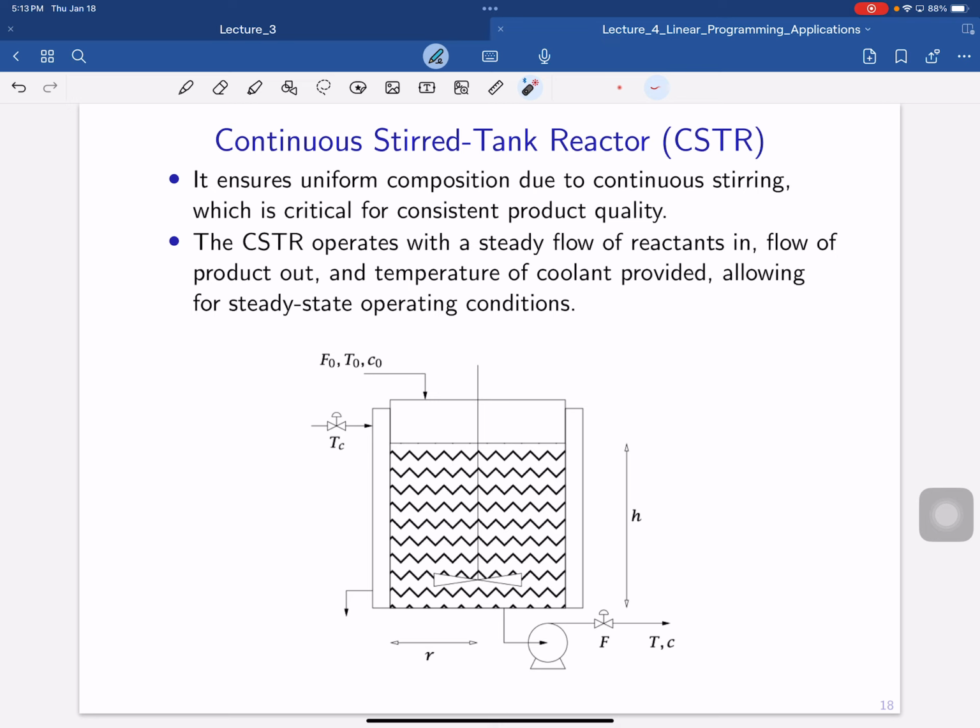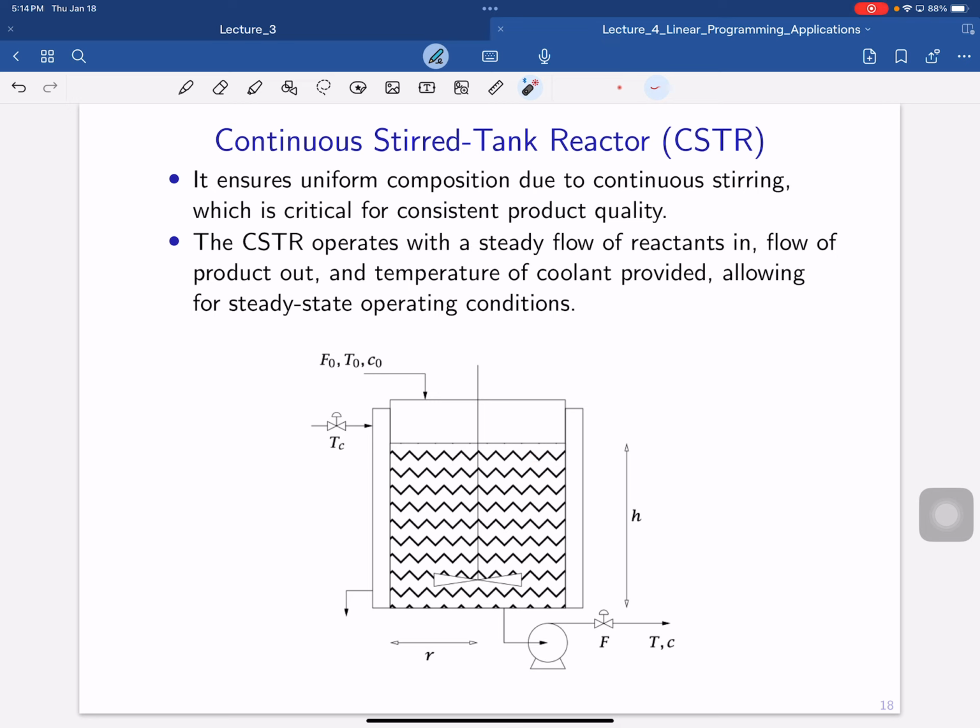You are kind of pumping some flows of chemicals into the reactor. And the continuous stirred tank reactor means this reactor is fully stirred, meaning that the concentration at this reactor is uniform.